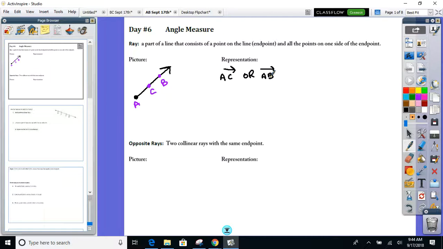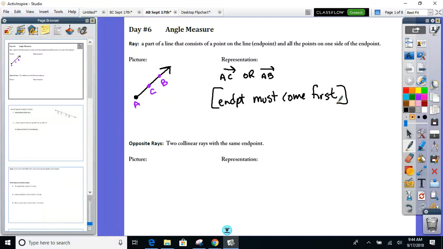As long as the endpoint comes first. All right. The endpoint must come first.